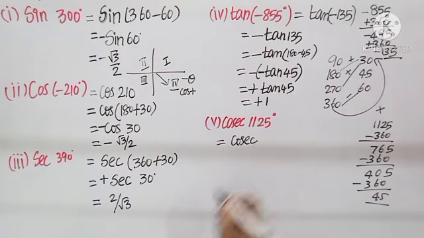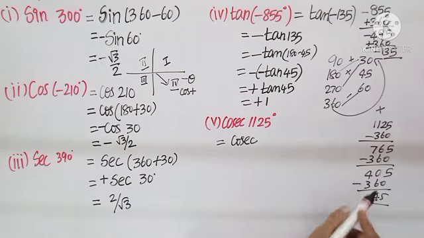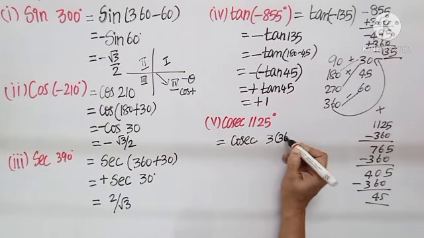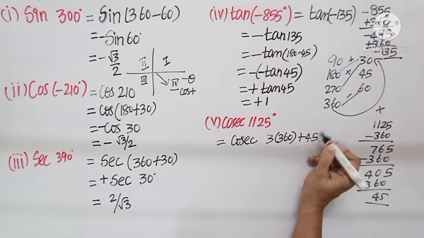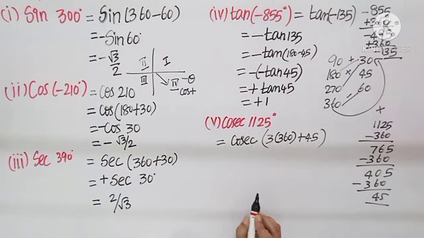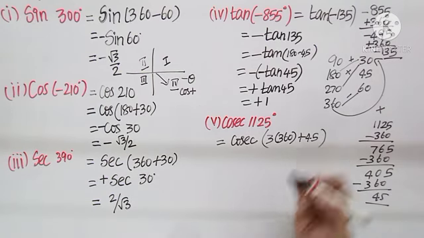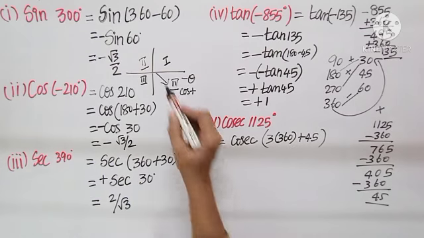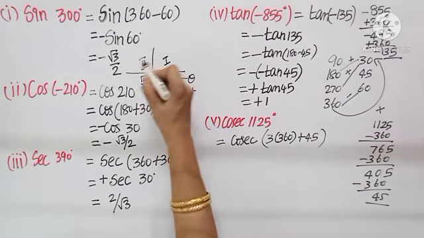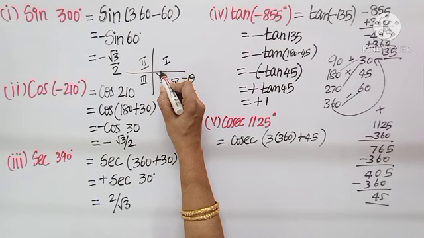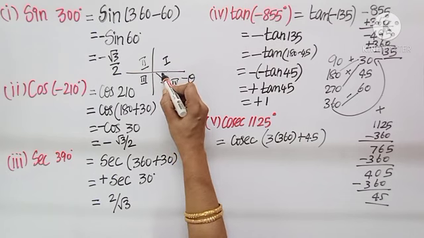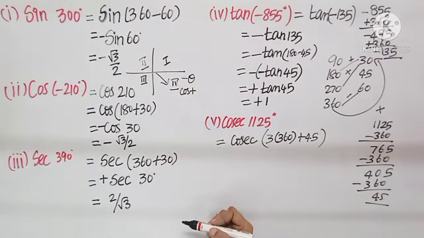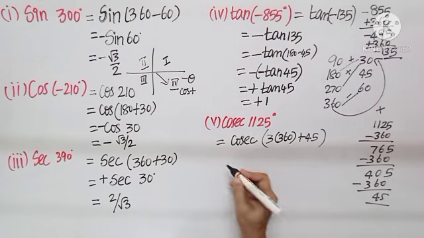How many times 360? 1, 2, 3 times 360 plus 45. How many times 360 comes, we don't bother. Ignore. 360 tells me I make rounds. One round, 1 360. Another round, another 360. Another round, another 360. So I am left with 45.